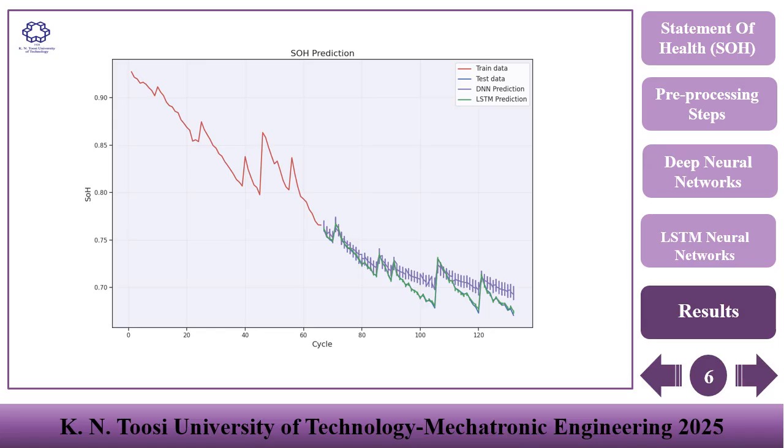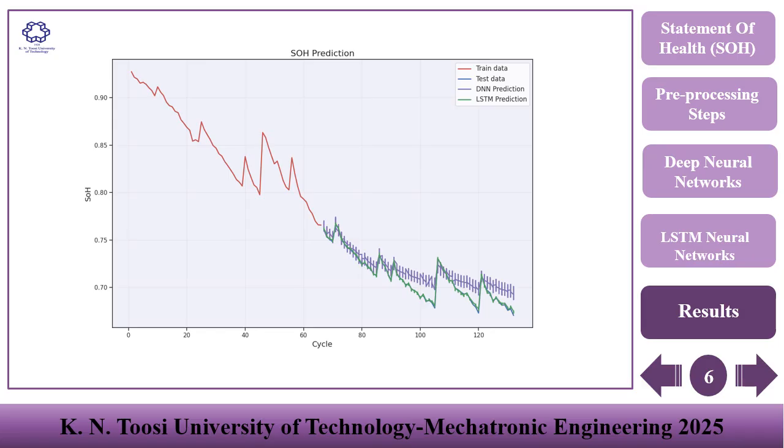Plotted against this are the DNN predictions and the LSTM predictions. The key takeaway is how closely each model's prediction line follows the actual test data. We can observe which model more accurately captures the rate of decay, especially at critical points.